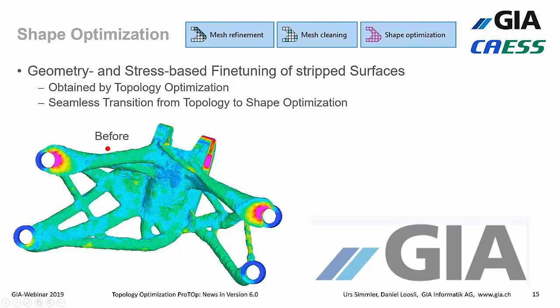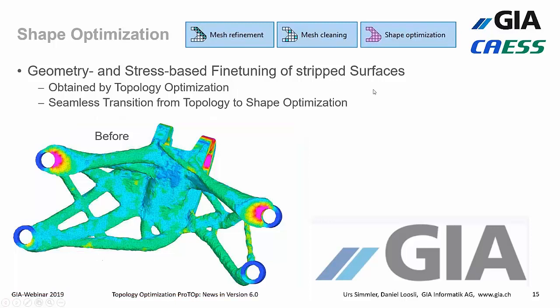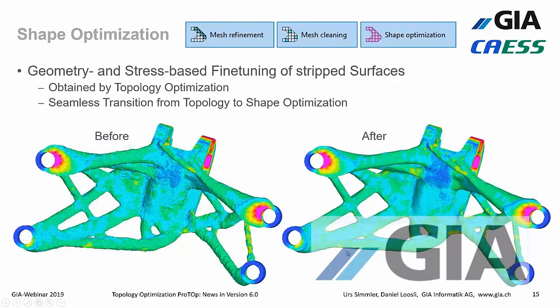As an example, I have here the GE bracket with normal topology optimization in ProTop 5.0. You'll get surfaces something like that here. And with the help of the shape optimization, you'll get these surfaces. You can see here that the stresses are much, much more accurate on the right-hand side than on the left-hand side.